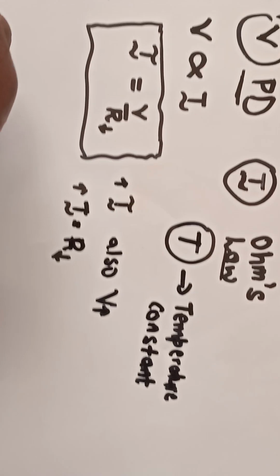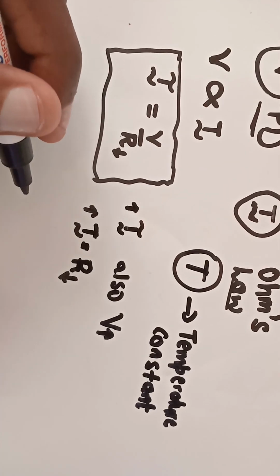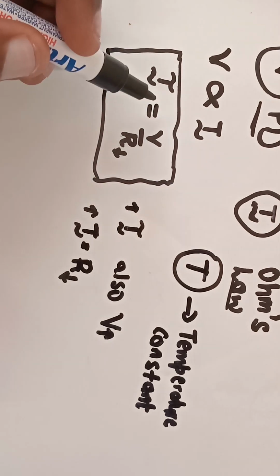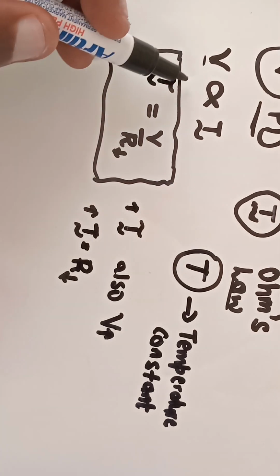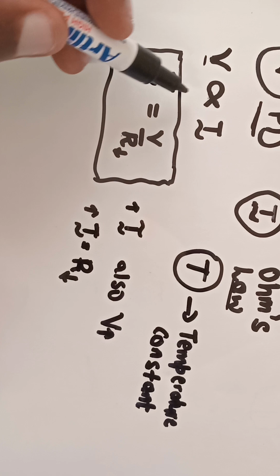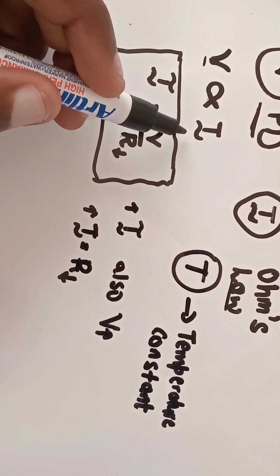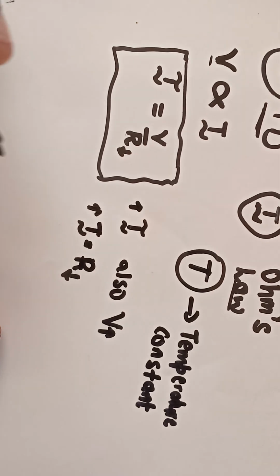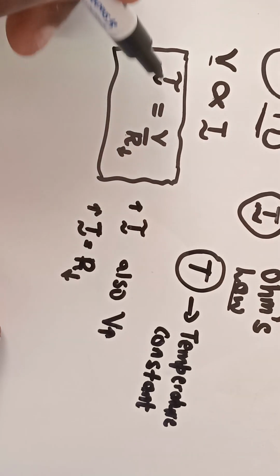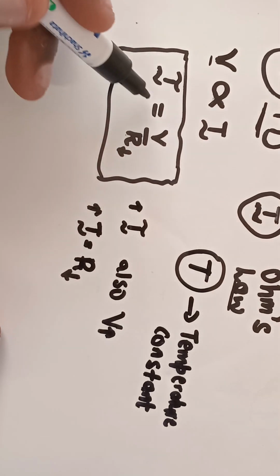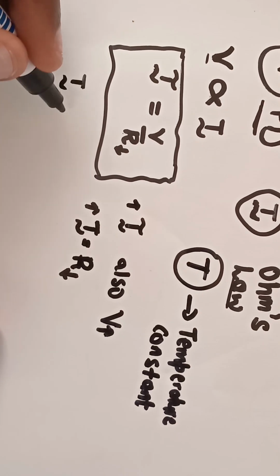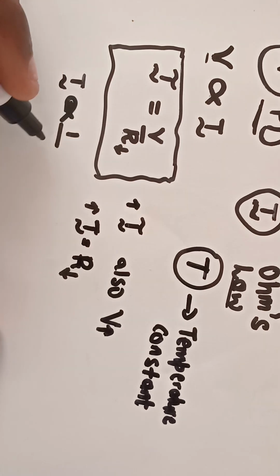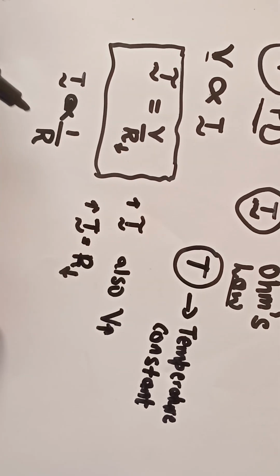Why is that? If you remember well, I said that Ohm's law says that the potential difference across a conductor is directly proportional to the current in the conductor at a constant temperature. So they are directly proportional, but I is inversely proportional to the resistance.